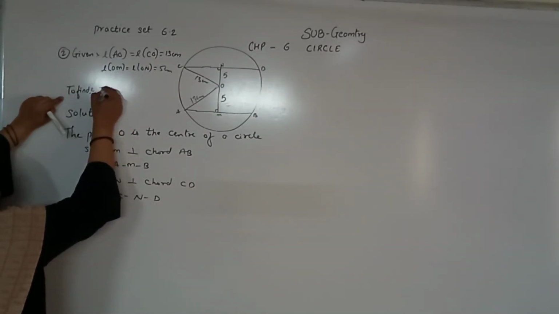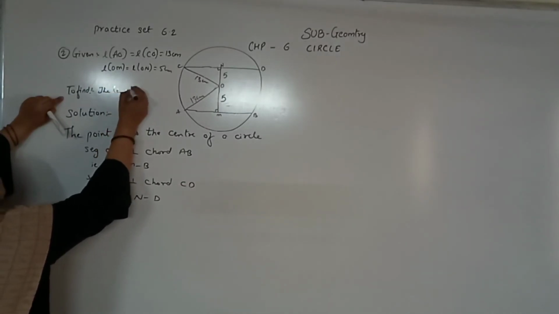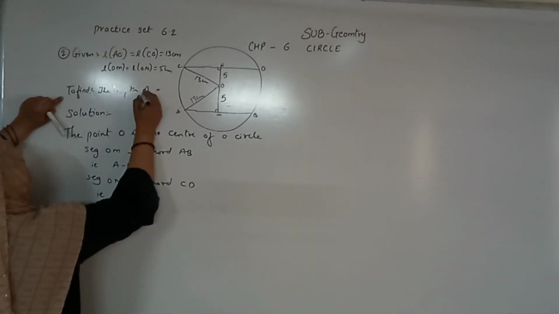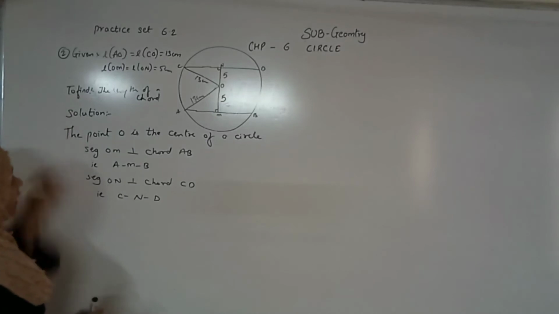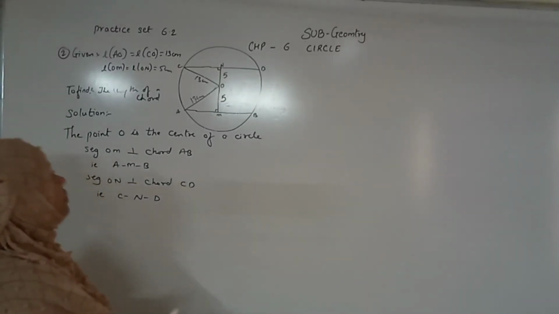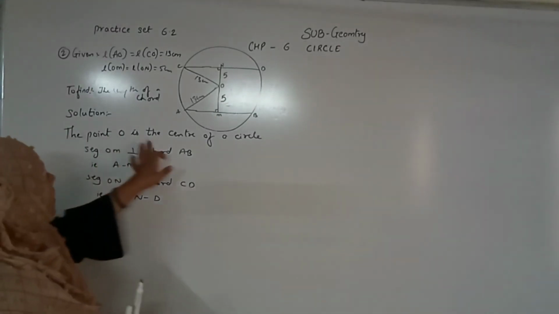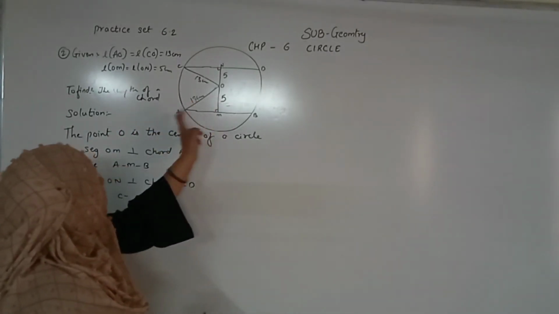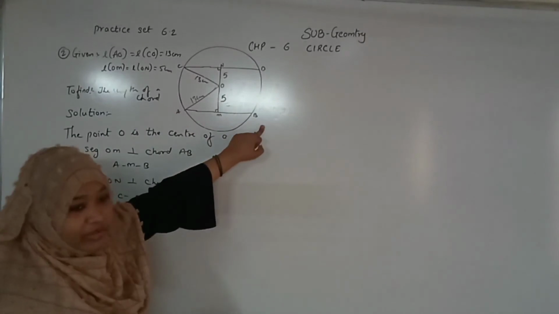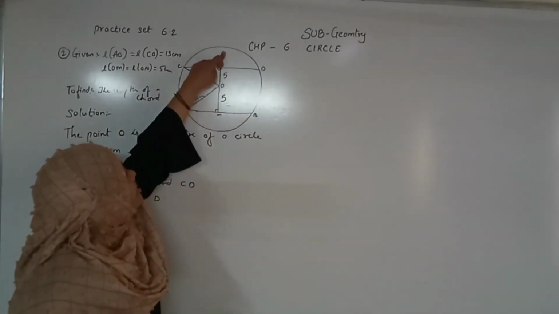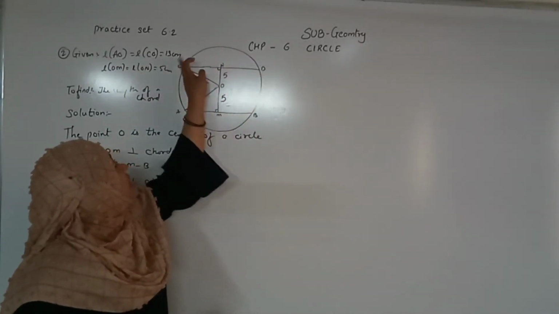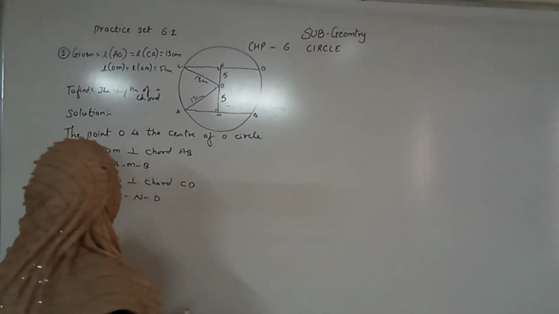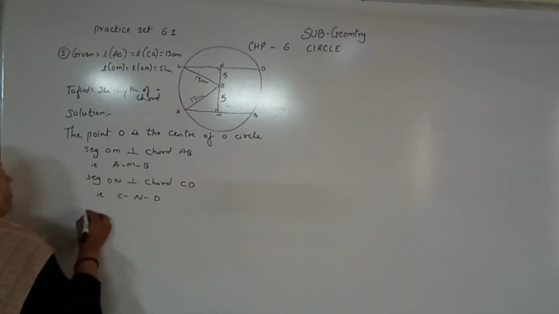You can write length of a chord. For finding, I will take the same solution. Point O is the center of a circle. Segment OM is perpendicular to the chord AB, so A and B will be equal in length from M. ON is perpendicular to chord CD, so C and D likewise. Now student, the same thing we will write.